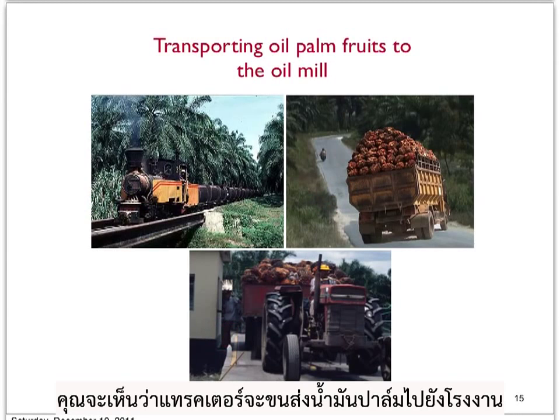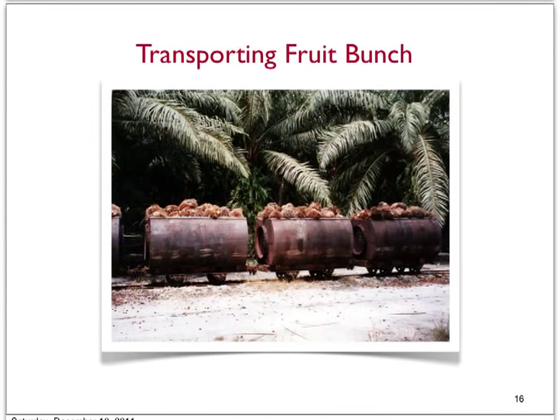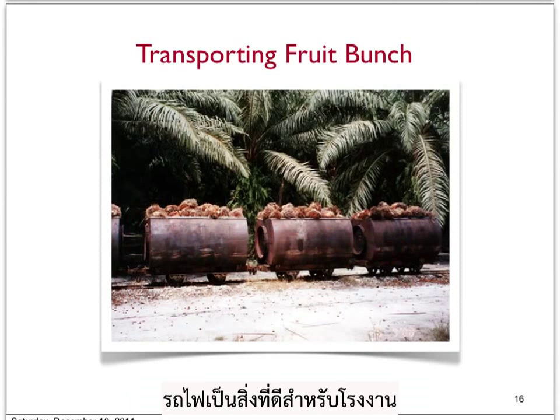As you can see here, the tractor brings a full load of oil palm fruits into the factory to be processed. If you live near the plantation, sometimes you can see the fruits being transported by a train, and this train will go to the factory.